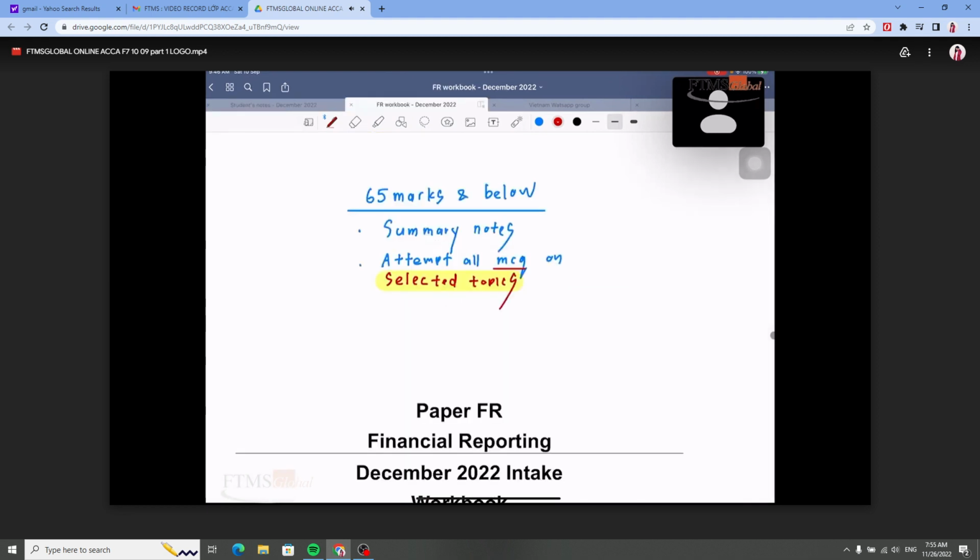Then one last thing that you need to do is all the revision questions. I can tell you for these revision questions, the focus is on your section C. As I said just now, I want you to see the recycling effect.